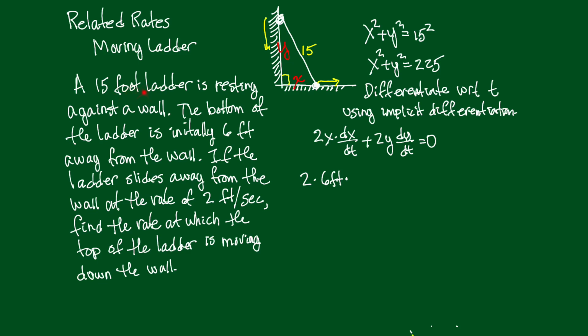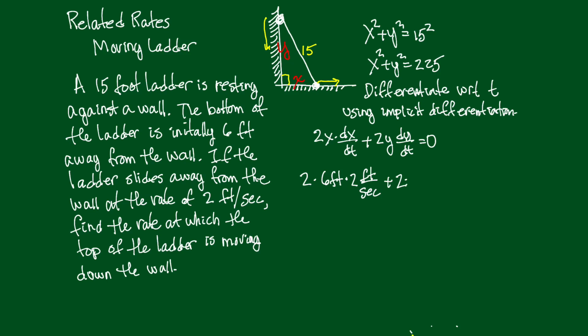Right here, the 15-foot ladder is being pushed away from the wall, so that's at the rate of 2 feet per second. So dx/dt is positive because it's getting bigger, it's going away, so it's positive. So this is going to be 2 feet per second.